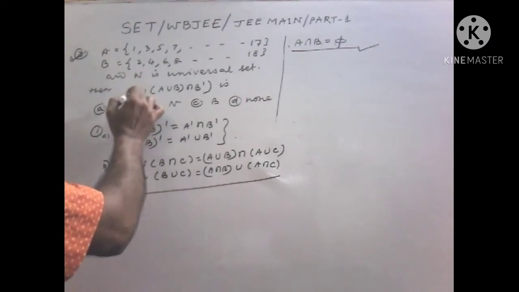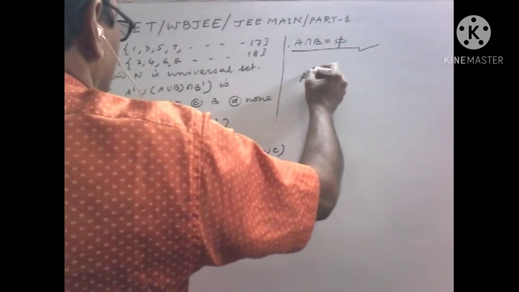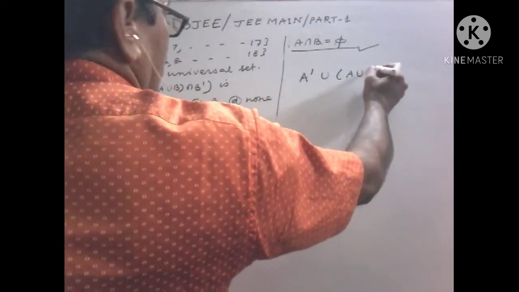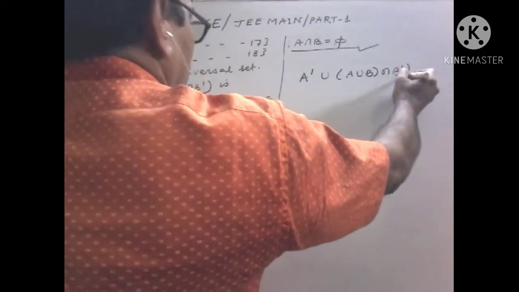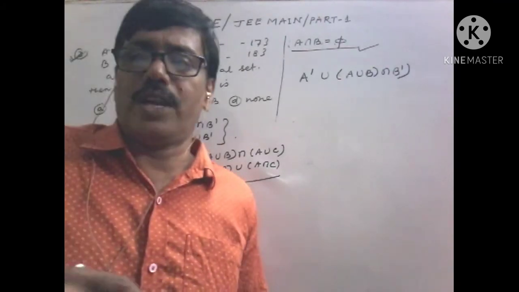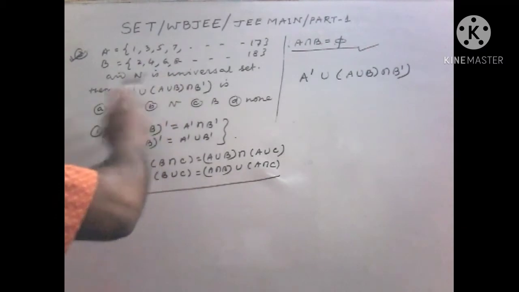Now we calculate this part: (A' union A) intersection (B' union B)... So since A and B are given, we can calculate it by finding A union B and B dash.